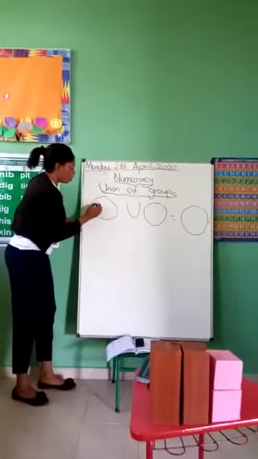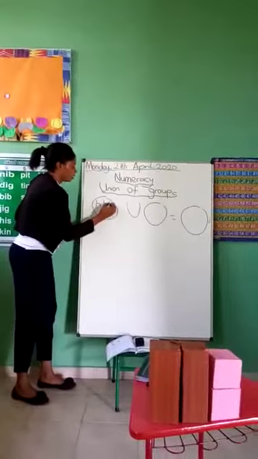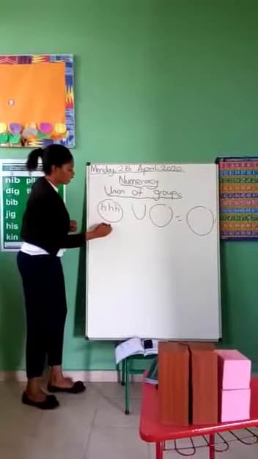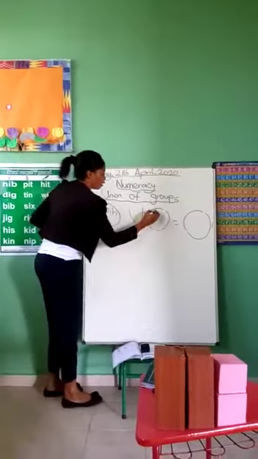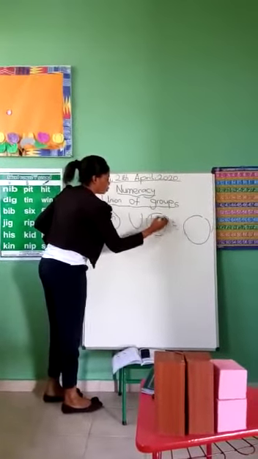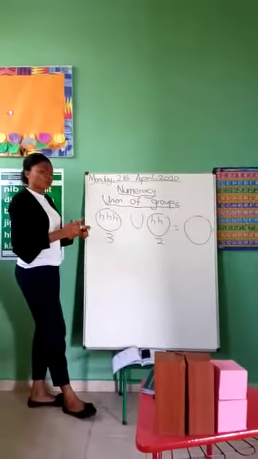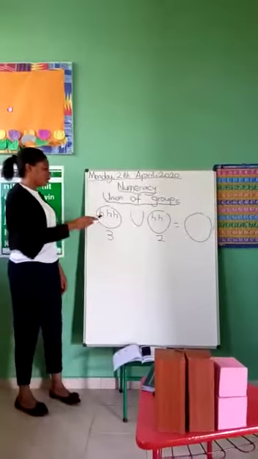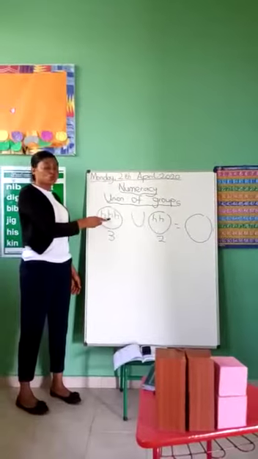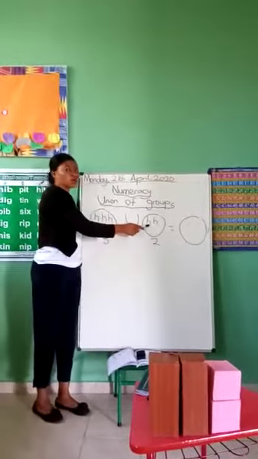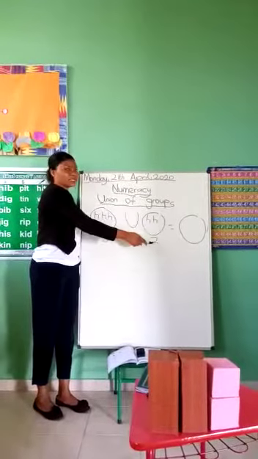So if I have 3 chairs here, 1, 2, 3. Good. I have 3 chairs here, and then I have 2 chairs here, 1, 2. Can you help me count the number of chairs here again? 1, 2, 3. So that's the 3 I have there, and this 1, 2, so that is the 2.